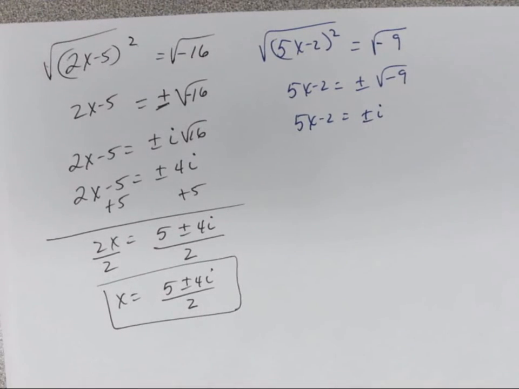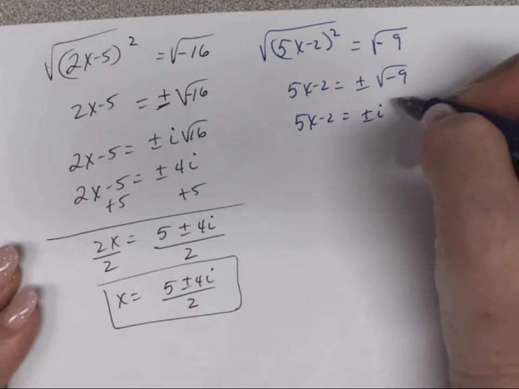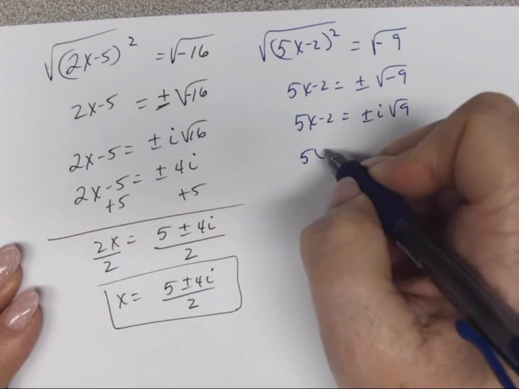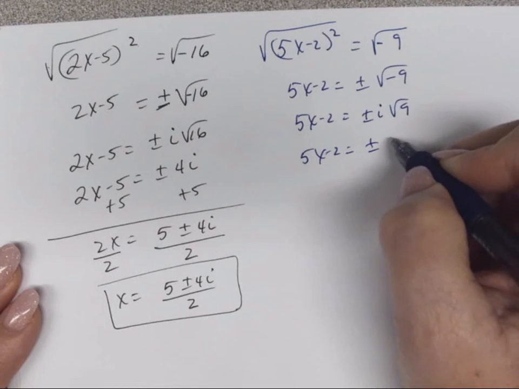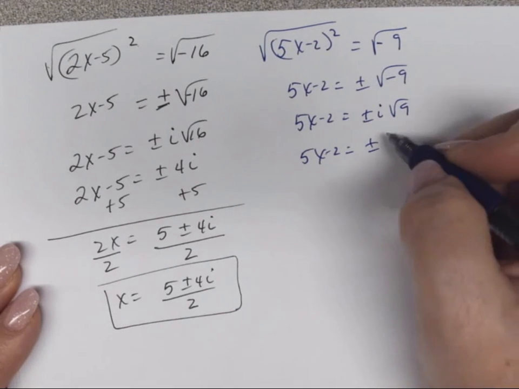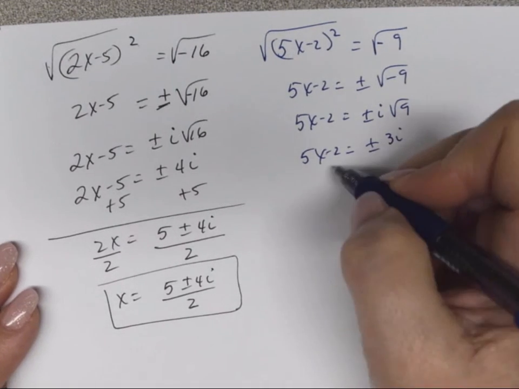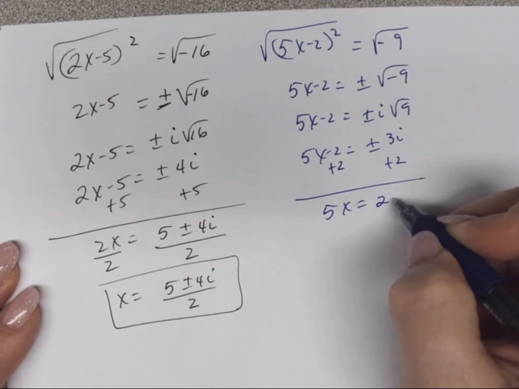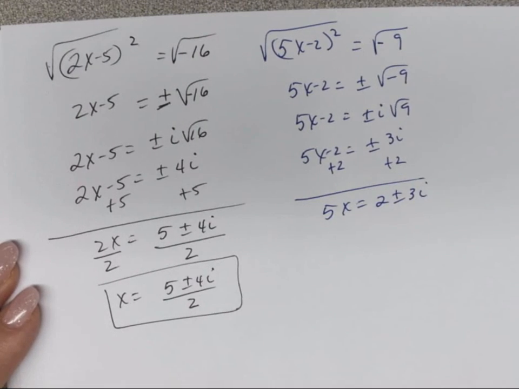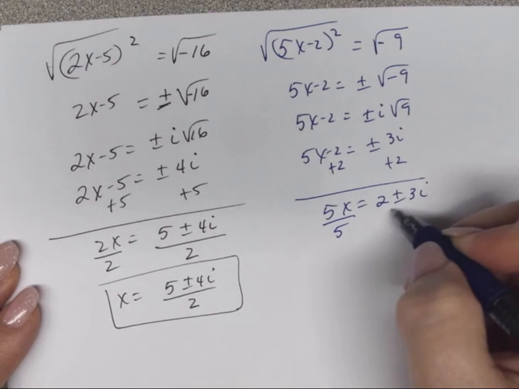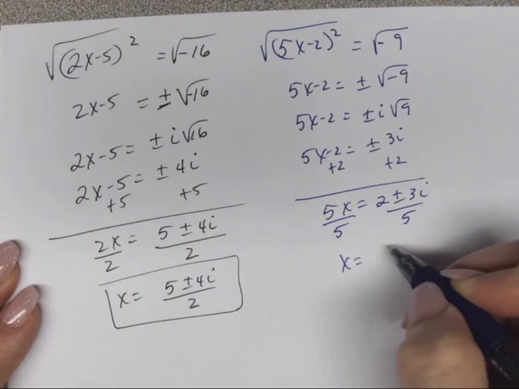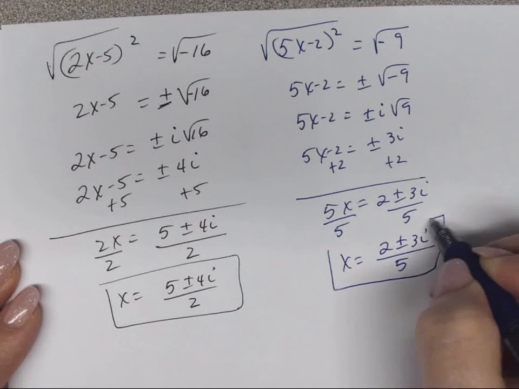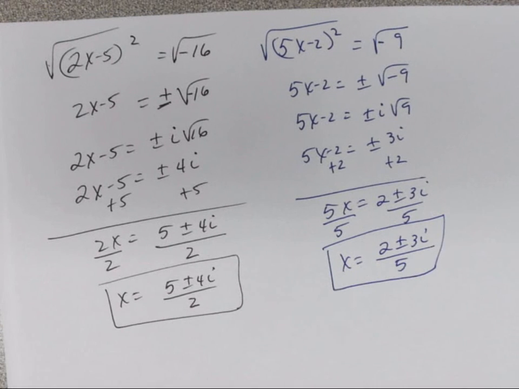Remember, i is equal to the square root of negative 1. So then we have i times the square root of 9. So 5x minus 2 is equal to plus or minus. Square root of 9 is 3, so 3i. We'll add the 2 over and get 5x is equal to 2 plus or minus 3i. Now we'll divide by 5 on both sides, and x is equal to 2 plus or minus 3i all over 5. And that would be our final answer.